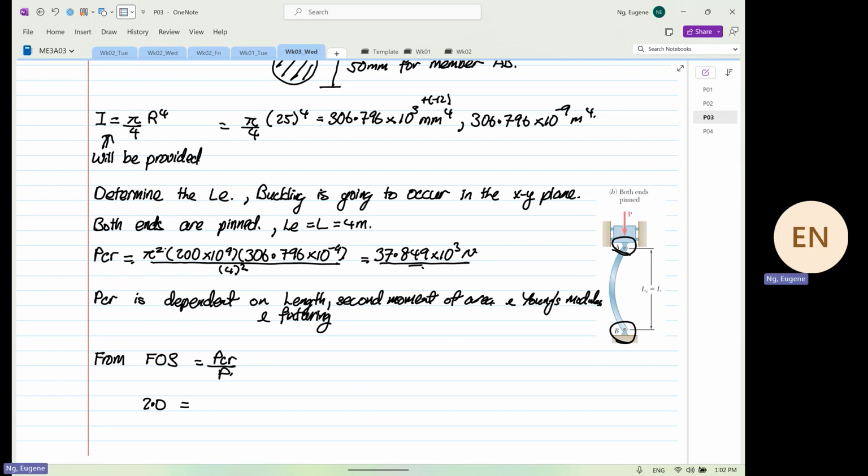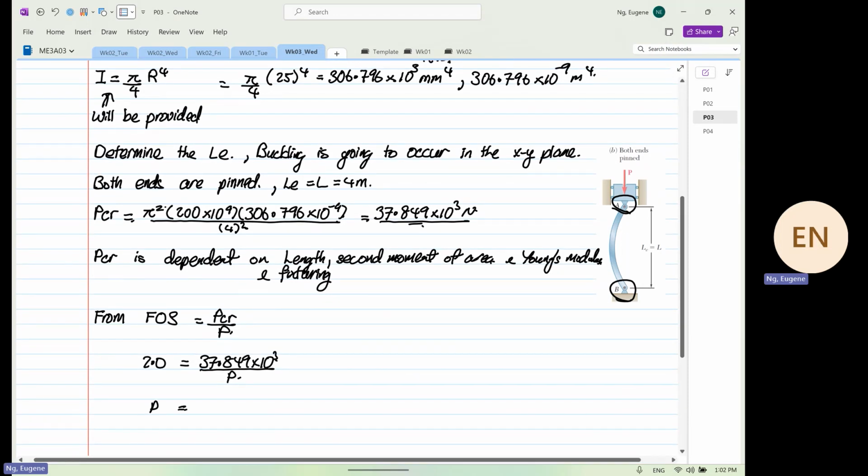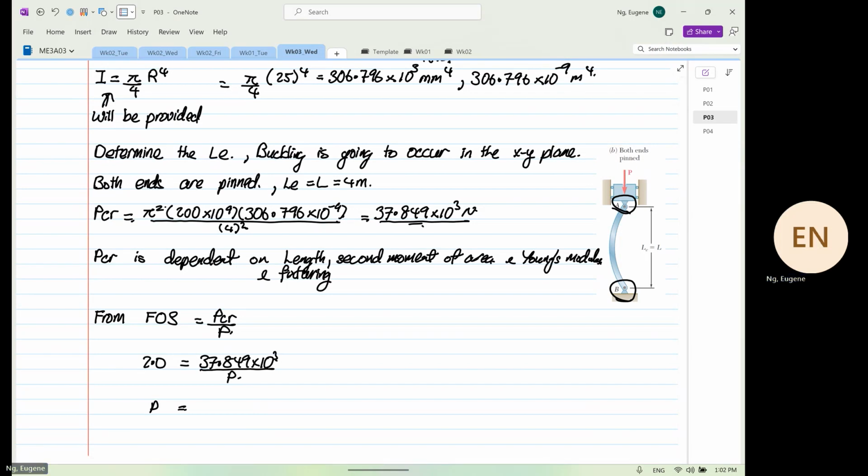We calculate our PCR, which is equal to 37.849 times 10 to the power 3. Then we divide by P. Therefore P is equal to 37.849 times 10 to the power 3 divided by 2. So this is equal to 18.925 times 10 to the power 3 Newton.